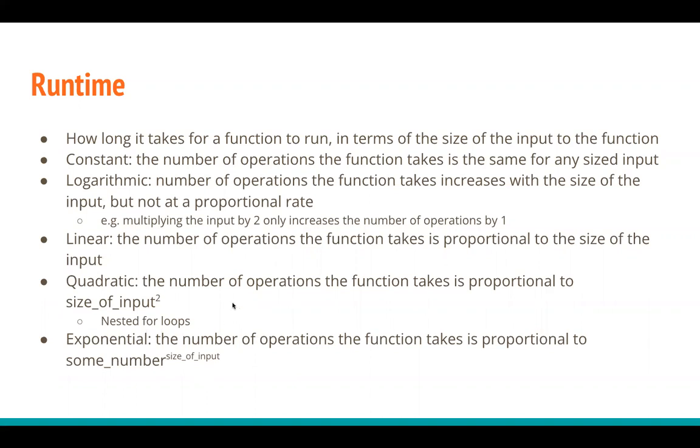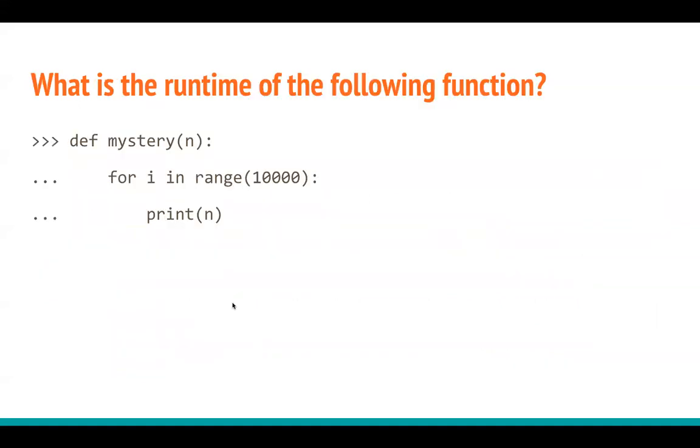Okay. So I think the best way to practice runtime is to just look at some examples. Let's start here. What is the runtime of this function? Anyone want to take a shot at it? That's okay. What we have here is a function mystery and we pass in an n.